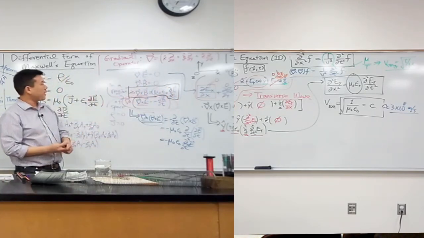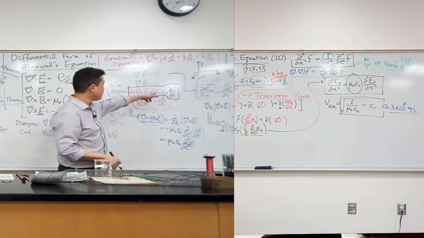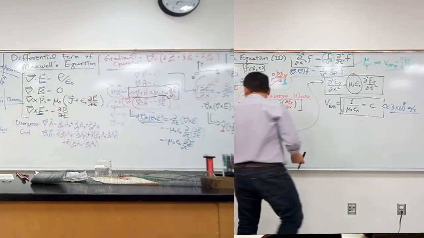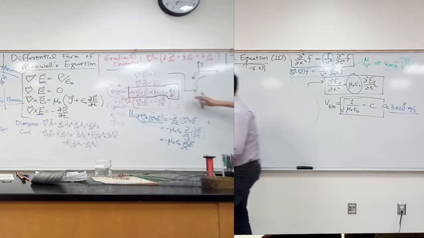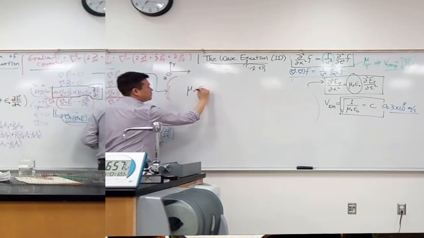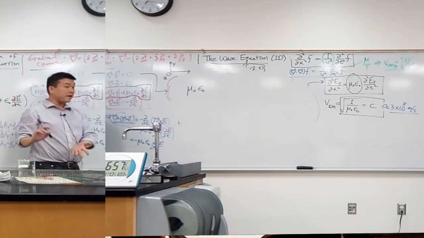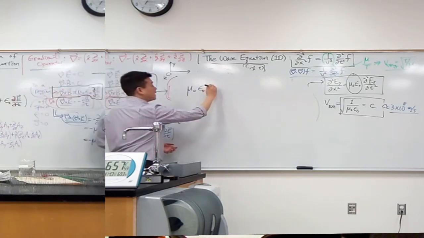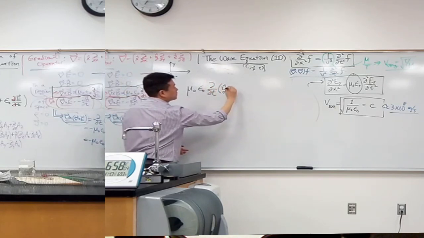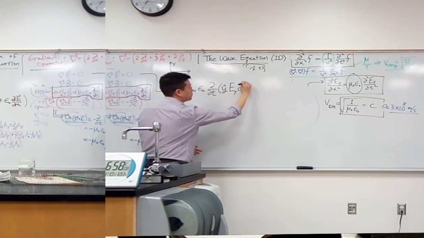So let me point out the part that I want you to look at. Let me write down the right-hand side first, since that's something I feel more comfortable with. The right-hand side is mu naught epsilon naught, and I'm going to write the electric field in the simplified form that we have chosen: the time derivative of the y component of the electric field, which only depends on position x.